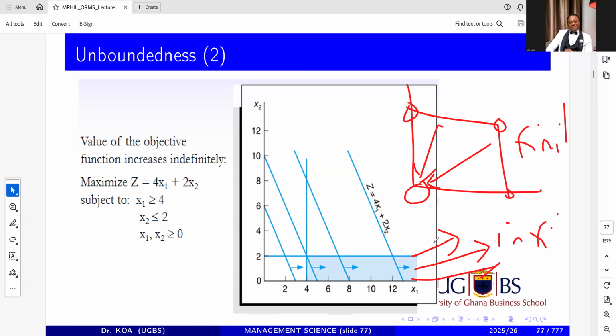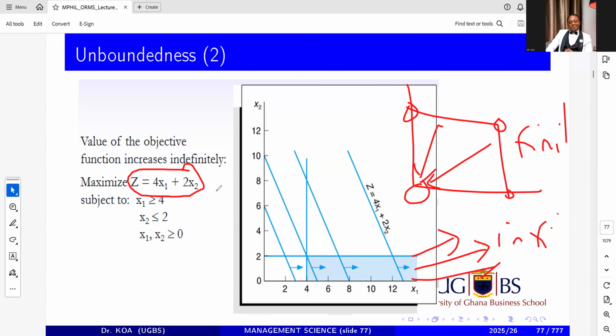That's unboundedness. So if I go and get the z function, do you remember that we said the last place on the feasible solution area, as you try to move the z function away from the origin, the last place of the feasible solution area it leaves, that point is the optimal solution point?